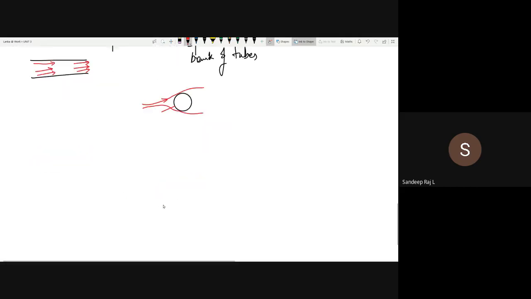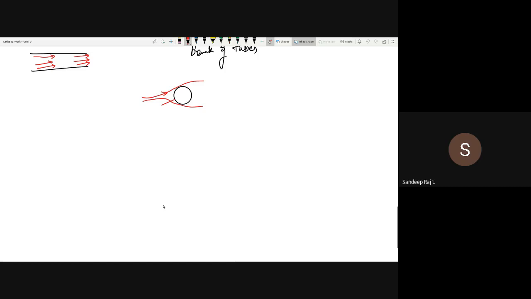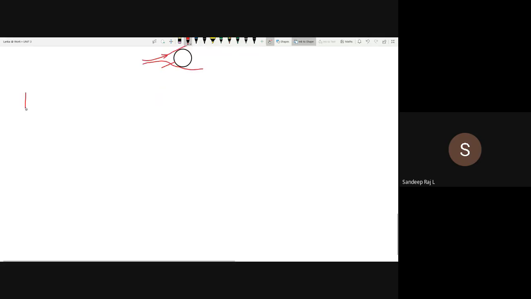All right. So when it comes to internal flow or external flow, you must know something called non-dimensionalization. In respect to convection, non-dimensionalization is a very important concept.